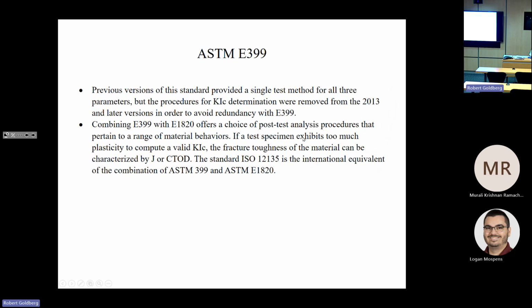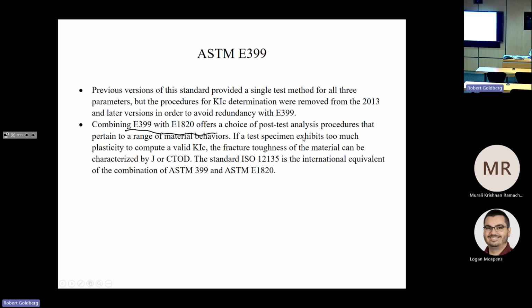Previous versions of the standard provided a single test for all three parameters, but in order to eliminate redundancy with E399, the 2013 and later versions just talked about the test methods for J and CTOD. So the idea is that by combining E399 and E1820, you have a choice of post-test analysis procedures that cover the range of material behaviors.